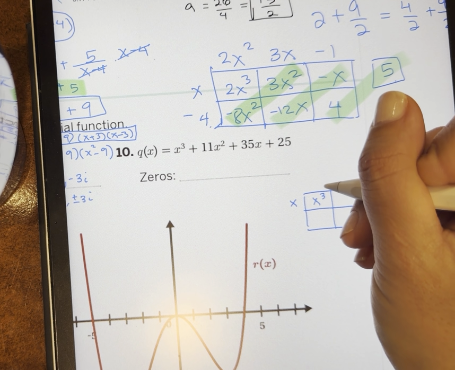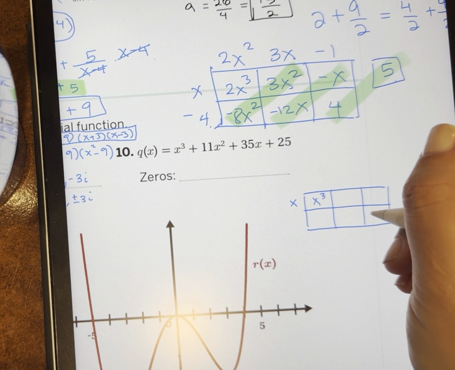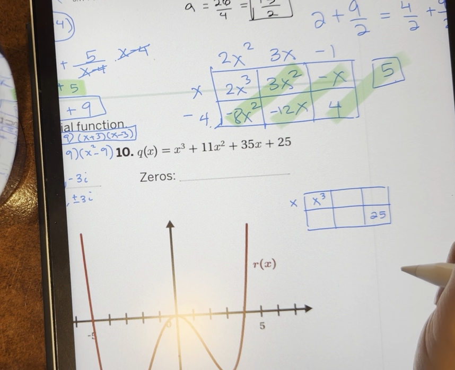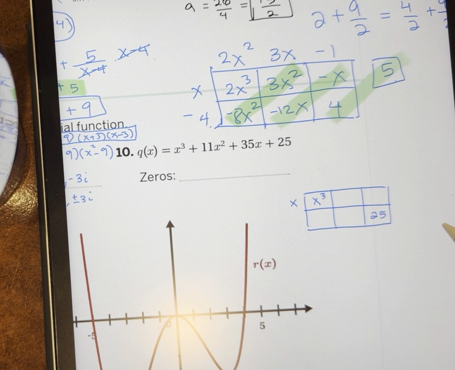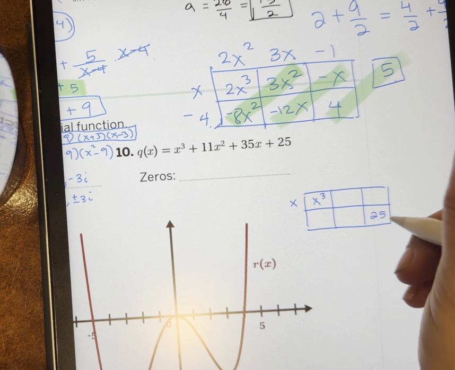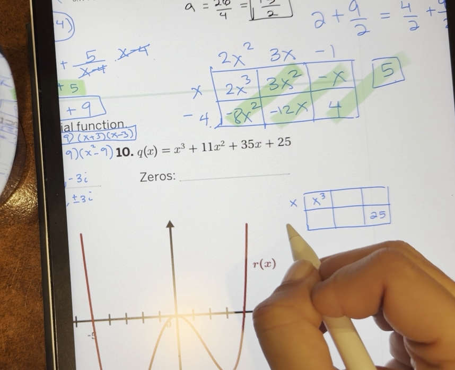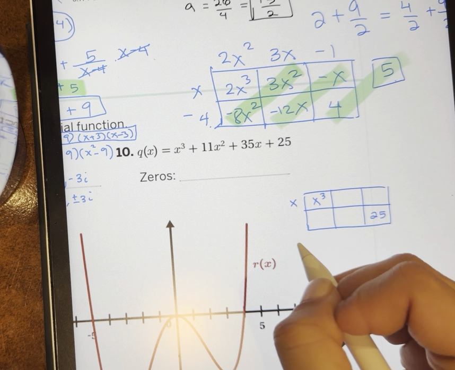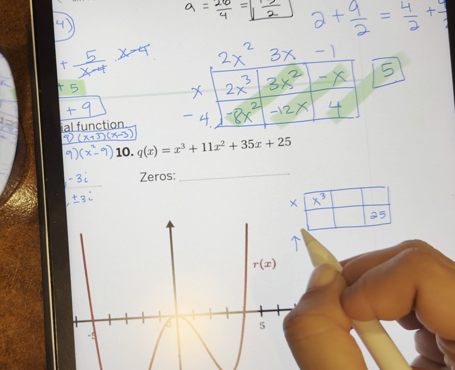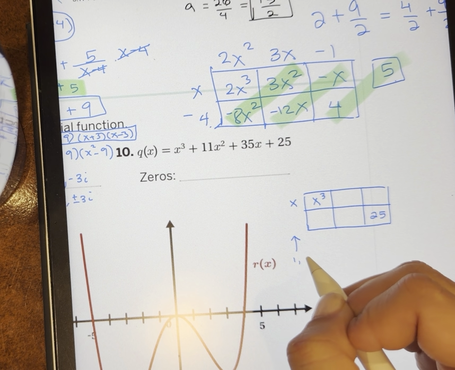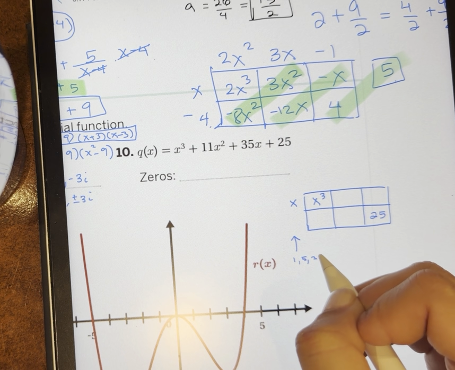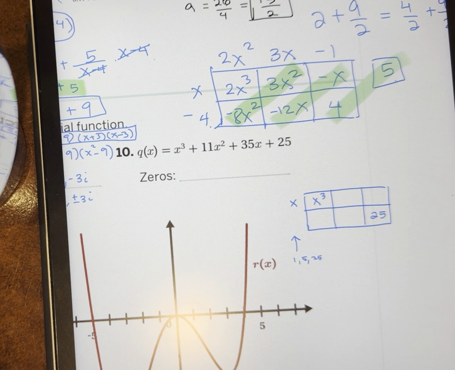If this is a factor, what I should get in this last box is a 25, because it needs to match that to have no remainder. Which means with a 25 right here, I don't have a ton of options for what can go here, because there aren't that many numbers that divide into 25. It's really just 1, 5, and 25 itself, all right?